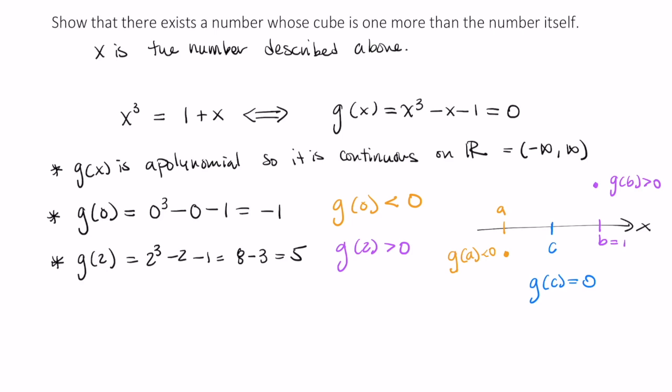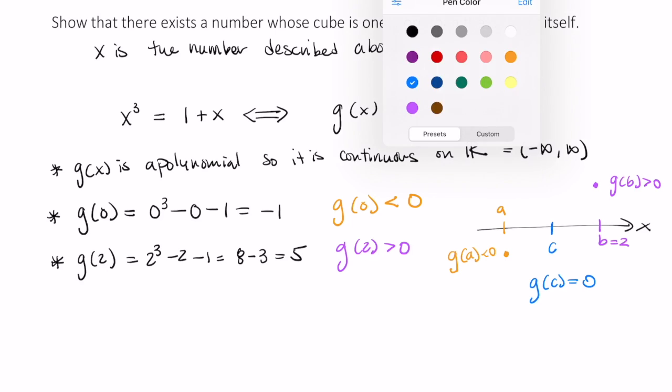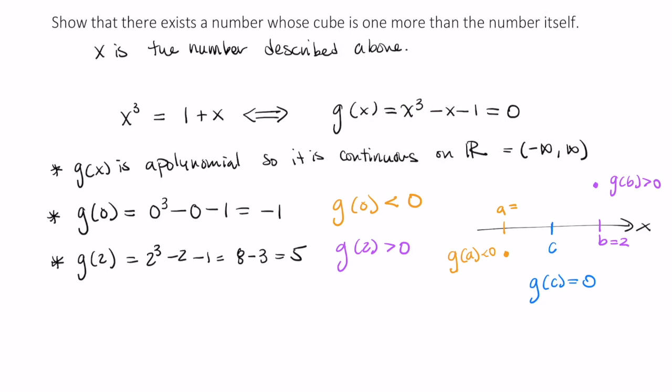Okay, so now I know that B equals 2 and A is 0. So somewhere between 0 and 2, I am going to show that there is a root. So let's just reiterate one thing.